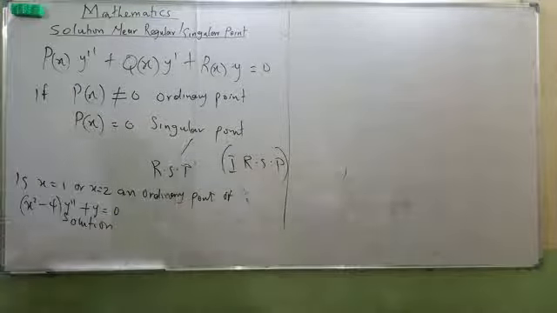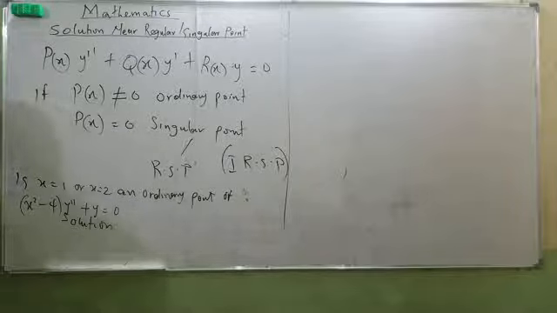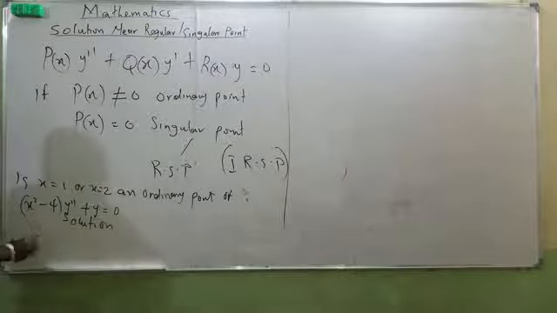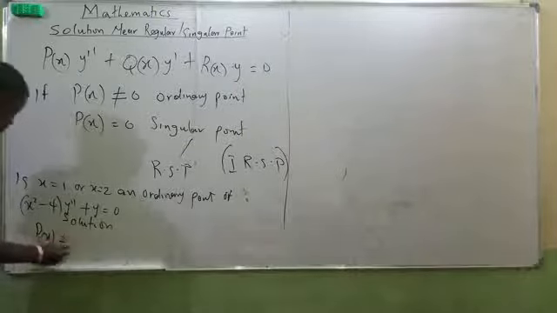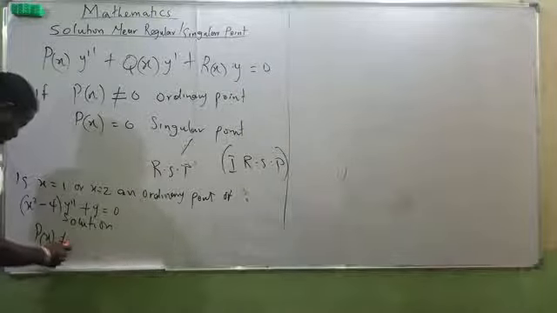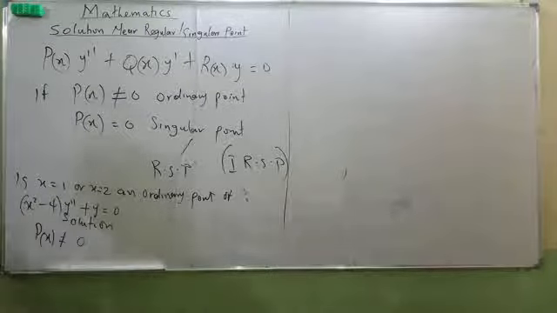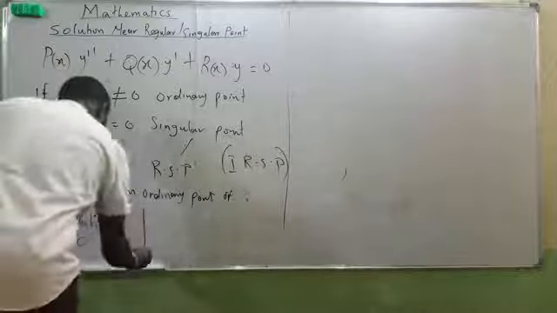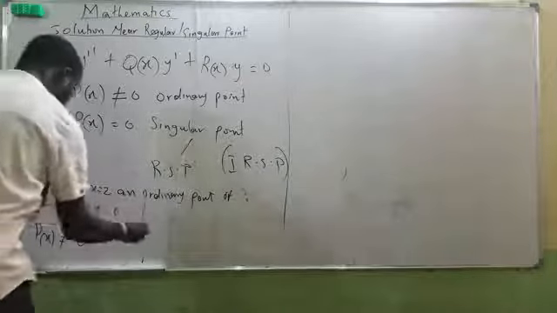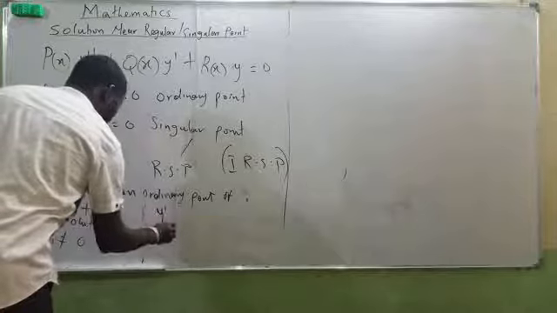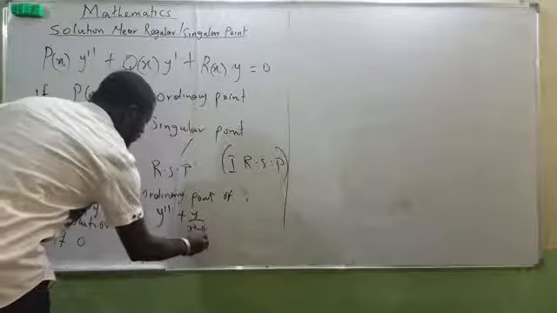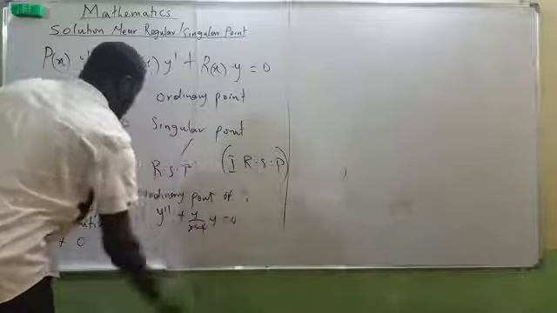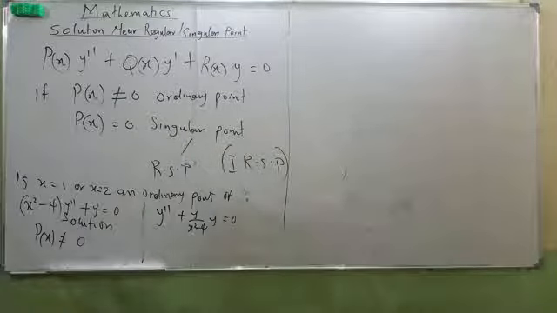The first thing I will need to do is to check my P of x. Does it equal 0? Let's see, it is not equal to 0. I will now continue by dividing everything, so I have y double prime plus y divided by x squared minus 4 y equals 0. x squared minus 4 equals 0.